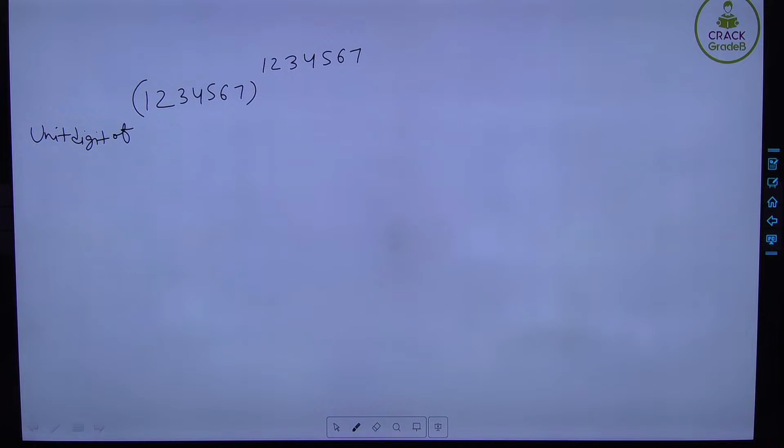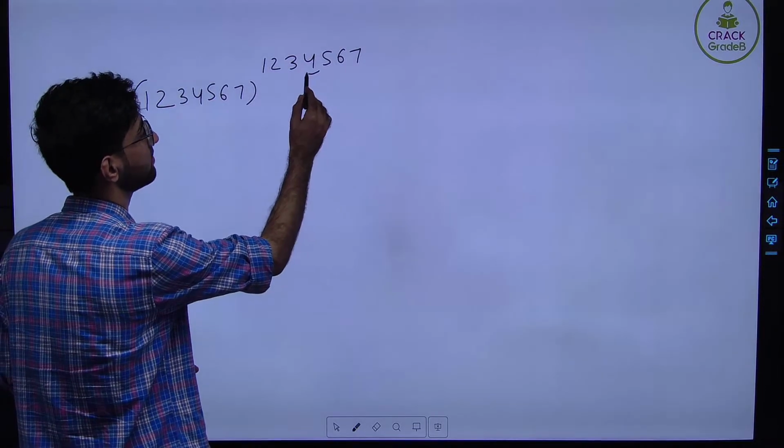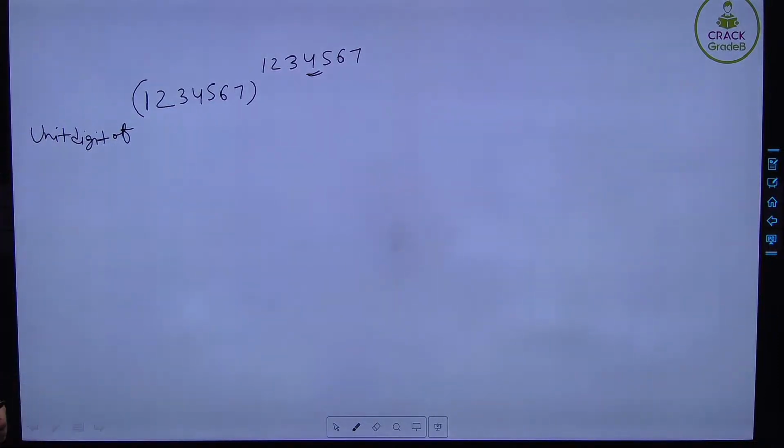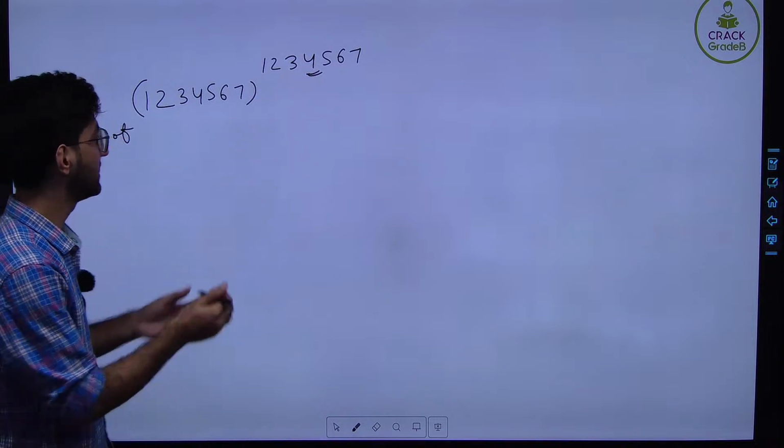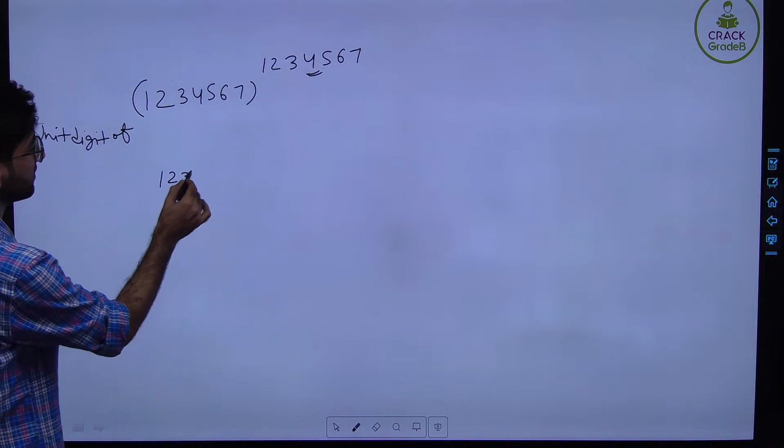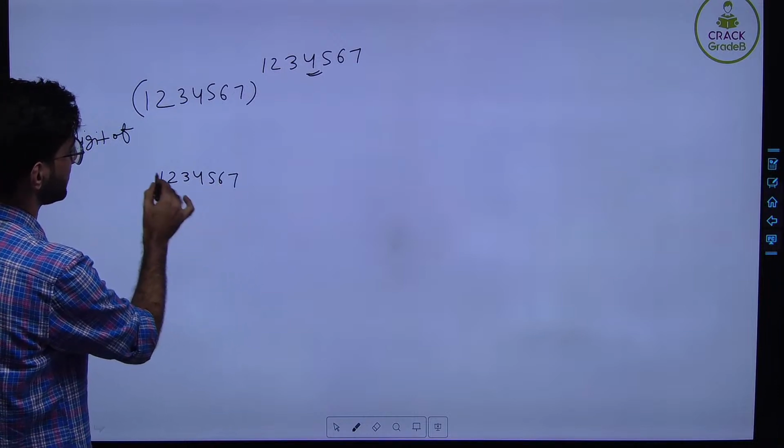You will have to divide this number by the cyclicity of 7. And what is the cyclicity of 7? That is 4. So basically we will have to divide this number 1234567 by 4.